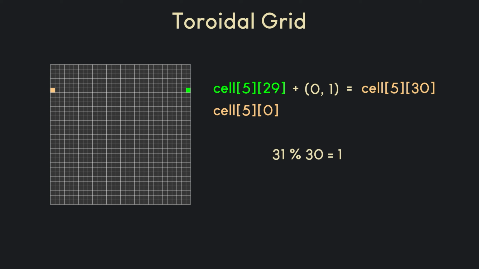So, 31 modulo 30 simplifies to 1, because when you divide 31 by 30, the remainder is 1. Also, -1 modulo 30 results in 29. Therefore, by using modulo arithmetic for both row and column indices, we can ensure that any cell positioned beyond the last row or column, or before the first row or column, wraps around the opposite end of the grid. This maintains the seamless continuous space required for the game of life's logic.